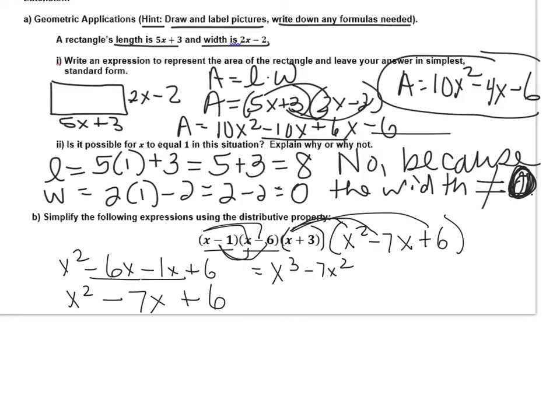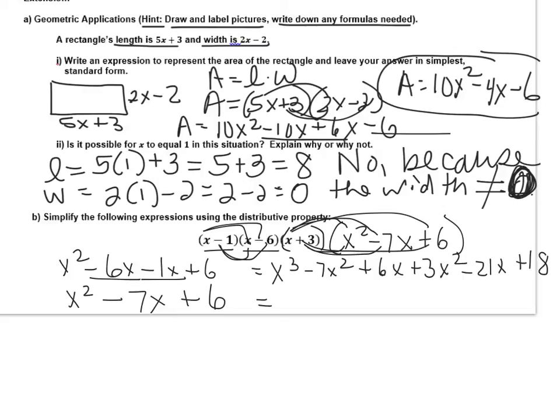X times 6 gives you 6x. Now take the 3 through. 3 times x squared gives you positive 3x squared. 3 times negative 7x gives you negative 21x. And lastly, 3 times 6 gives you positive 18.